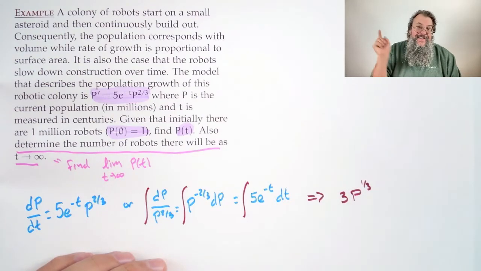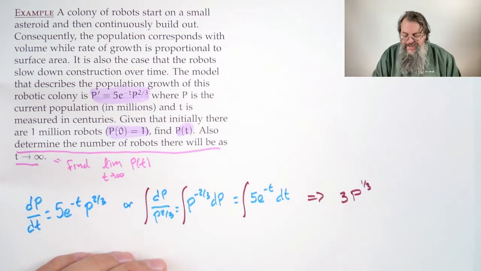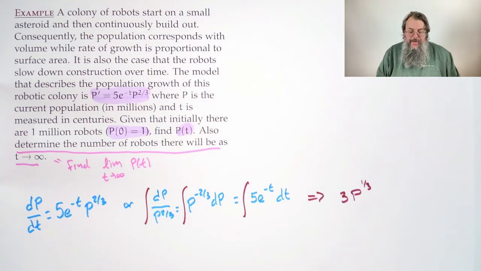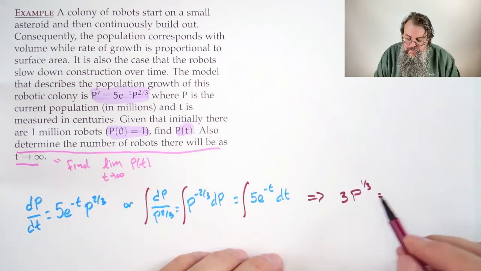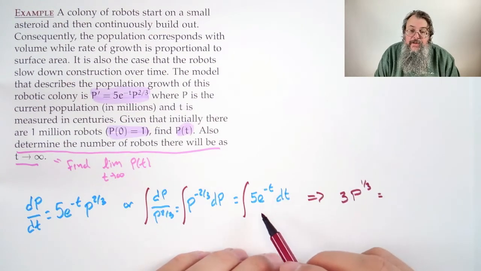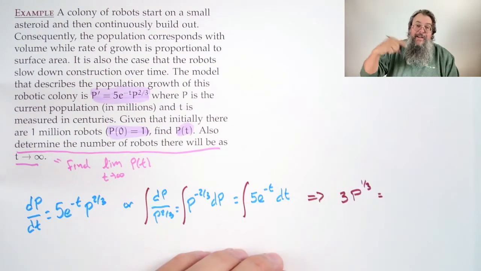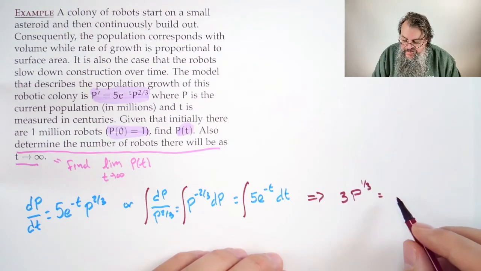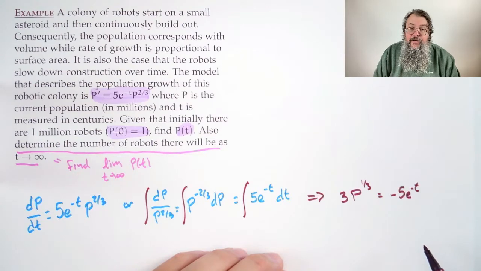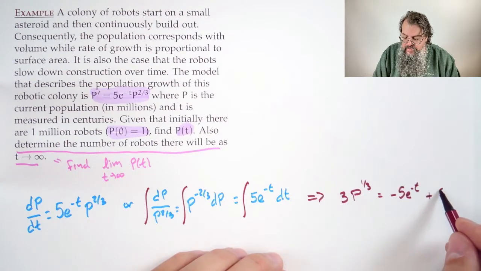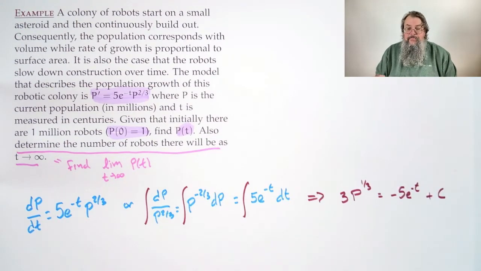That's not so bad. So 3P to the 1/3 is equal to, over here, 5 e to the minus t. Well, the integral of e to the minus t is e to the minus t, but we've got to compensate for that minus. So that's minus 5 e to the minus t, and of course, plus some constant c.